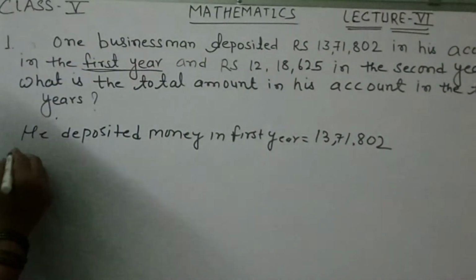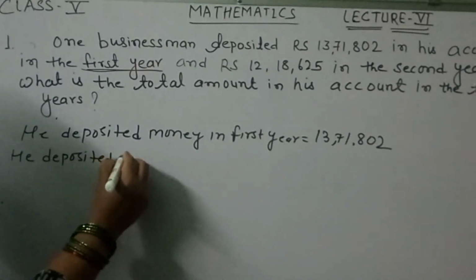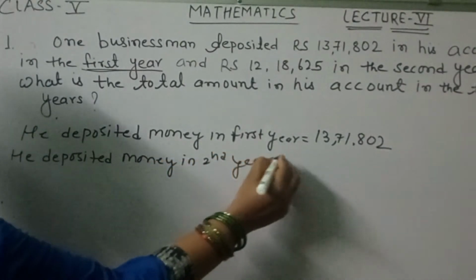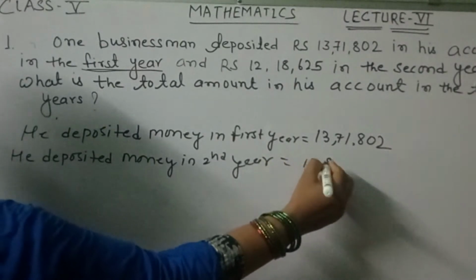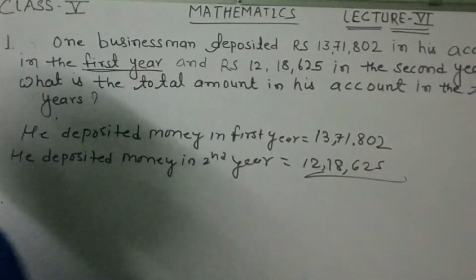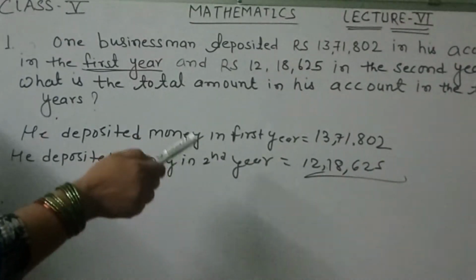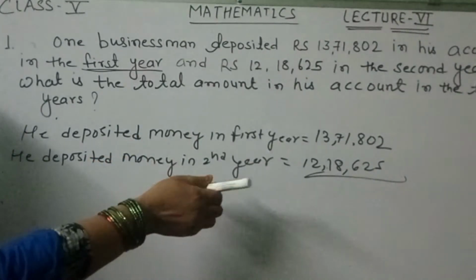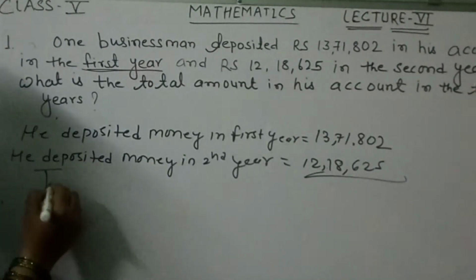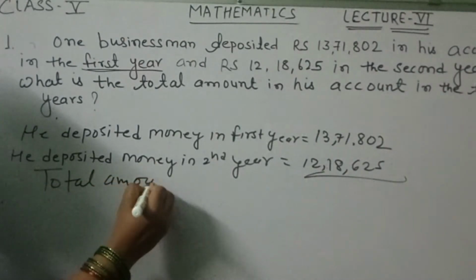And he deposited money in the second year, that is 12 lakh 18,625. Then first year he deposited 13 lakh 71,802, second year he deposited 12 lakh 18,625. Then how much total amount did he deposit in both two years? We have to find the total amount.